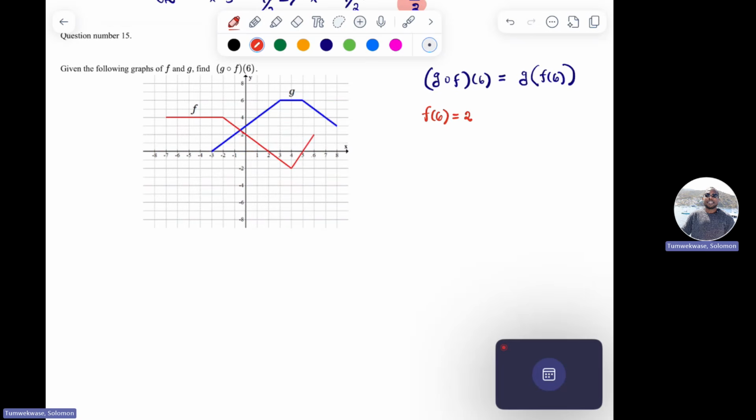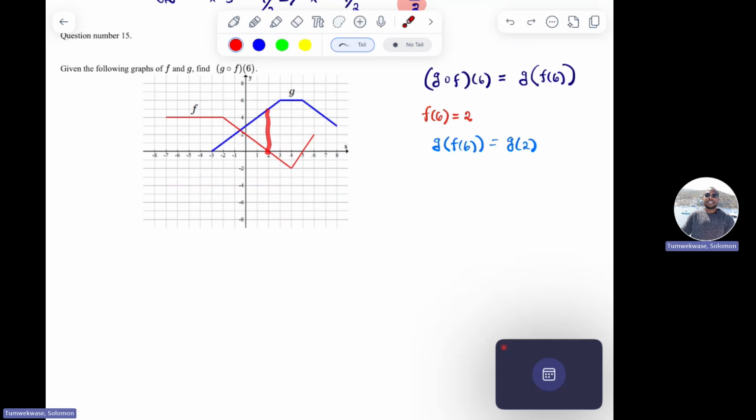And if f of 6 is 2, that means that I want to determine g of f of 6, which is g of 2. And so I come to the graph of g. So find the 2, move up until you hit this graph of g.